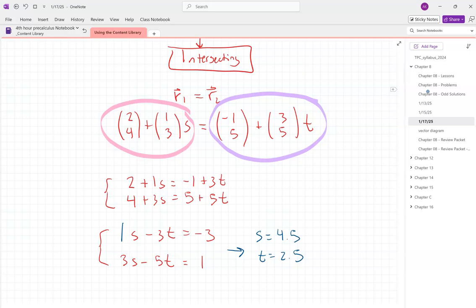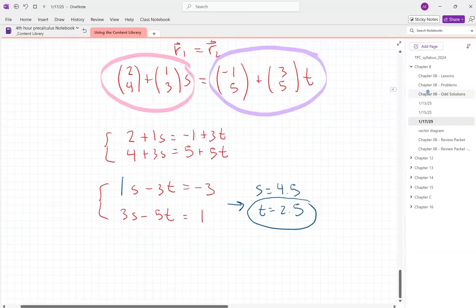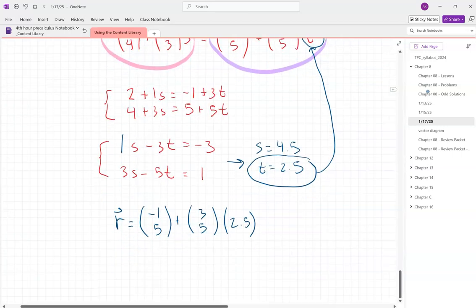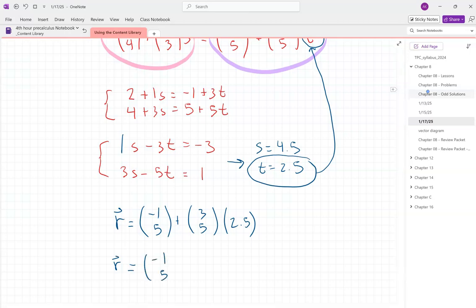Now I can take either one of these solutions, it doesn't matter which one. I'm going to take the T for sake of argument, and I'm going to plug it back in for T. So I have negative 1, 5 plus, I'm going to do my scalar multiplication.